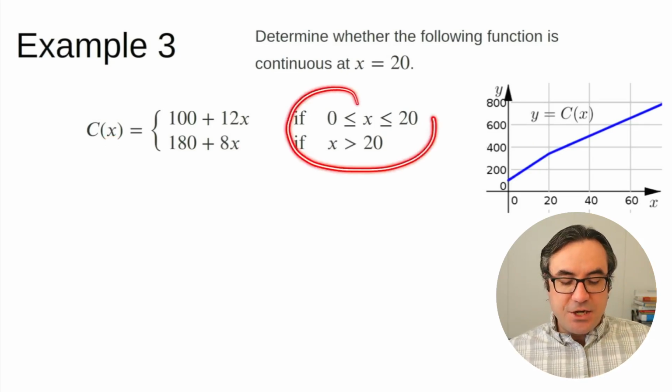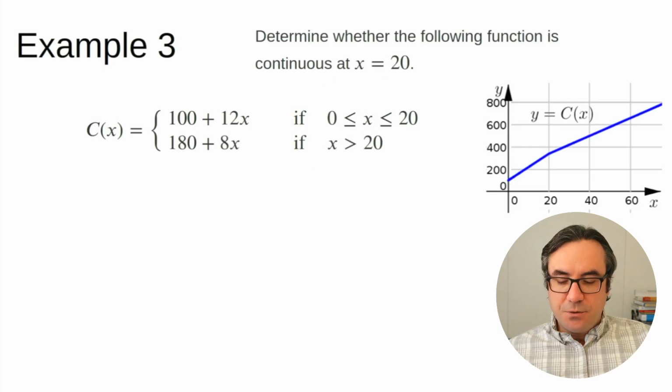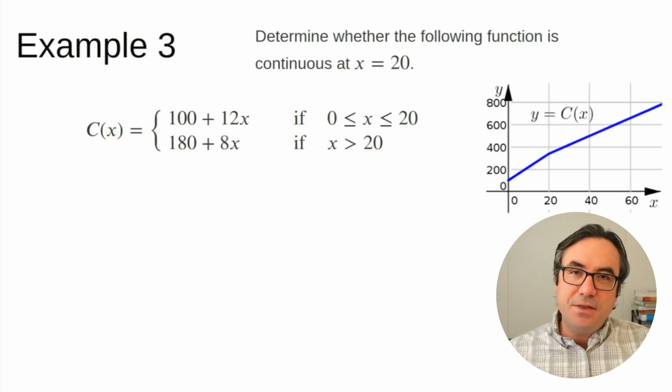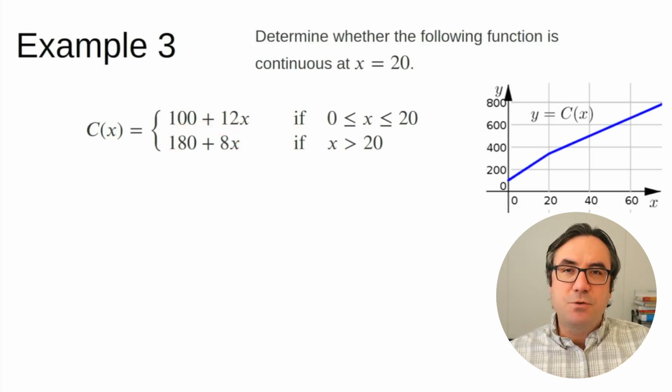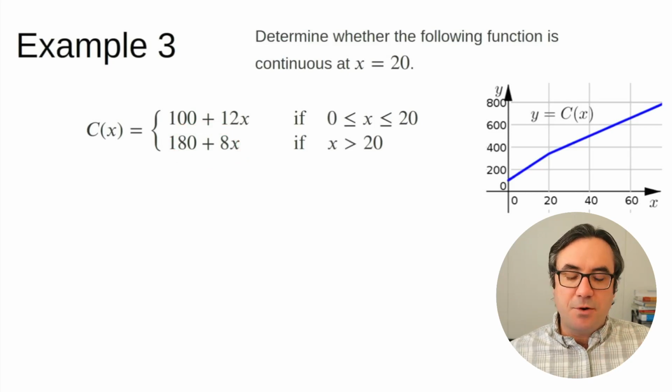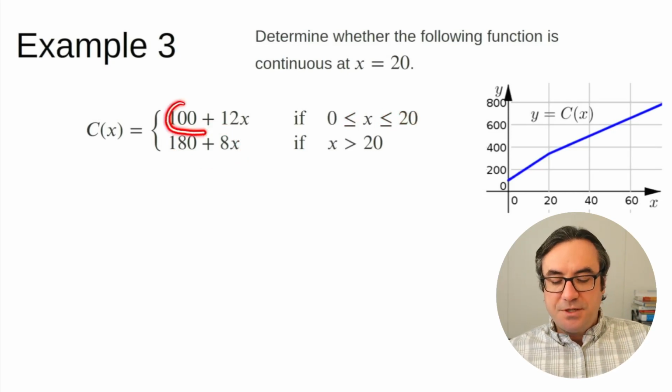And that's what these conditions here tell you. So if we're trying to plug in a number x that's bigger than 20, then we'd use this second piece. And if we're trying to plug in a number that's greater than or equal to 0, but less than or equal to 20, then we're going to use this first piece.